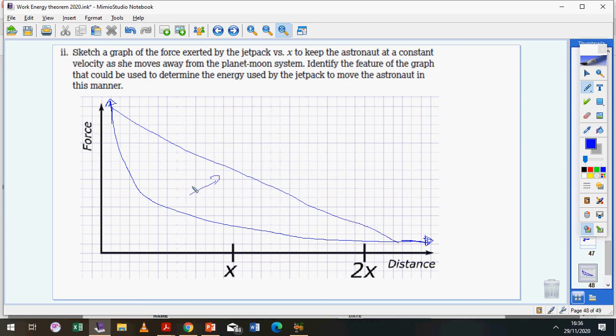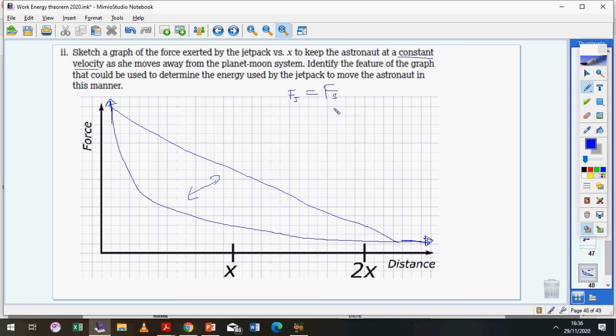We know that for him to be moving at a constant velocity, the force exerted by the jetpack has to be equal to the force of gravity exerted by the Earth-Moon system.